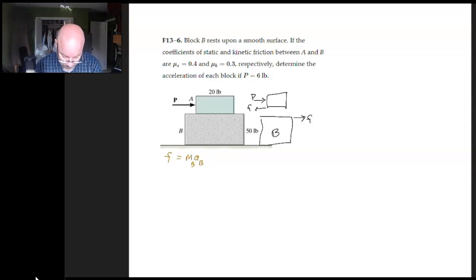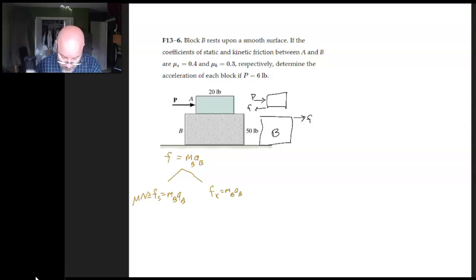Let's say we have two different scenarios. If it's static friction, which is equal to M_B A_B, then that static friction is going to be less than or equal to mu times the normal force between them.